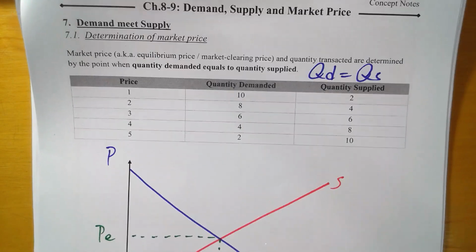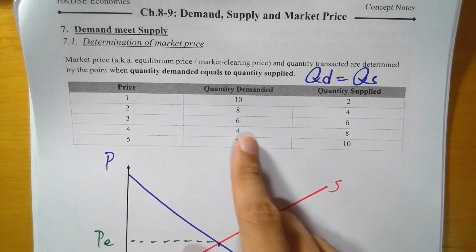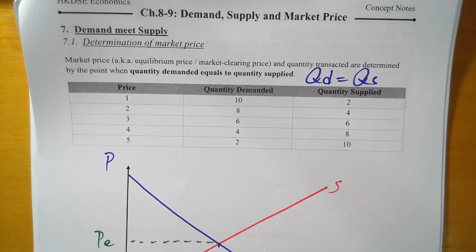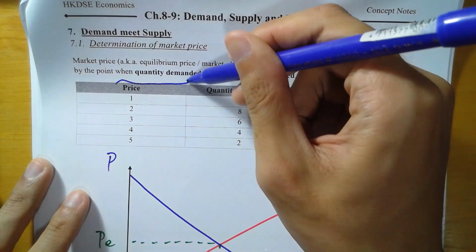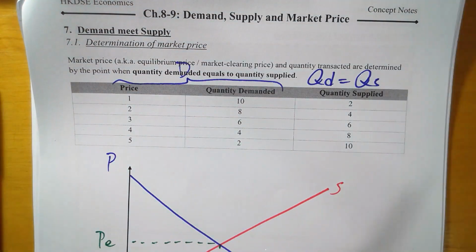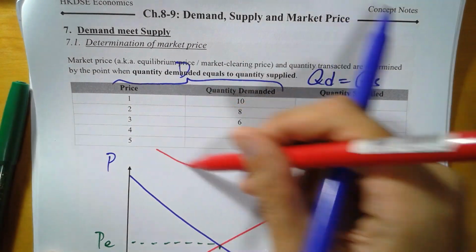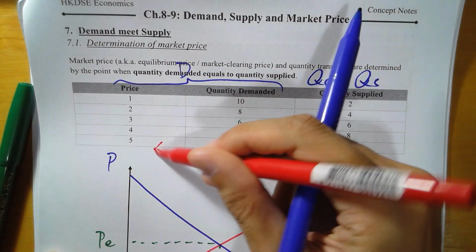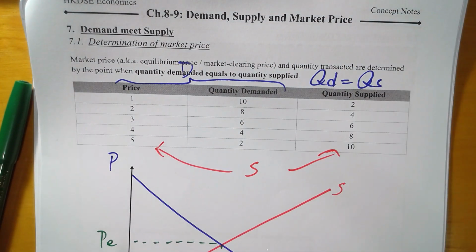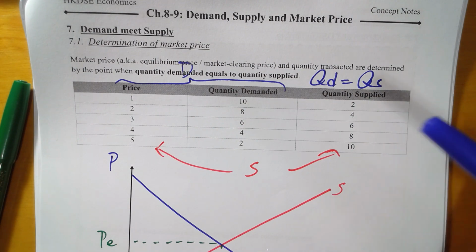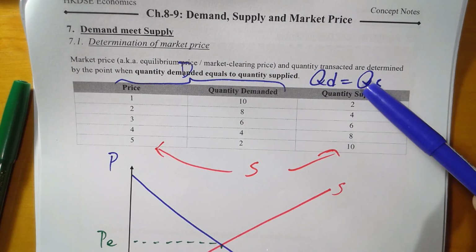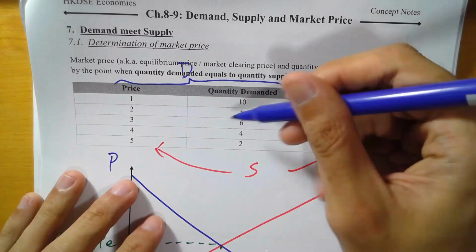Now let us also look at how we interpret that in a table form. 嗱我哋睇 table 啦，好唔好啊？Basically these two columns are the demand, and these two columns together form the supply. 嗱頭先嘅而家我講咩啊？ We need the point where QD is exactly equal to QS.